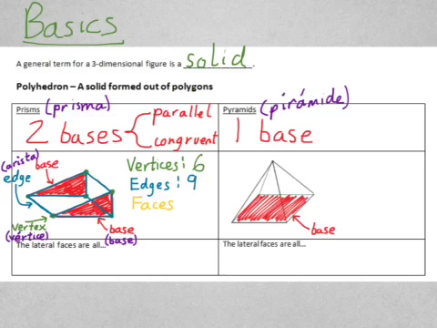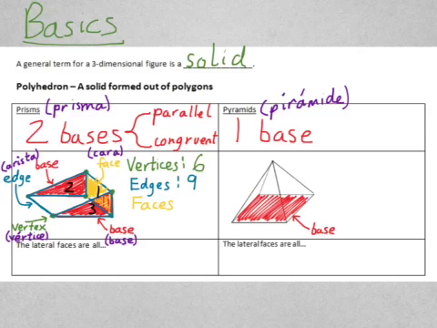Okay, what about faces? A face is one of the flat surfaces on the figure. How many faces do we have? Well, there's 1, there's 2 and 3. Note that the bases count as faces. Hey, it rhymes.